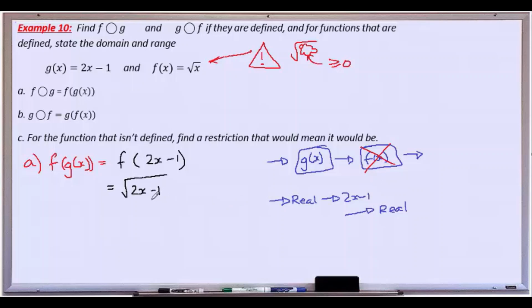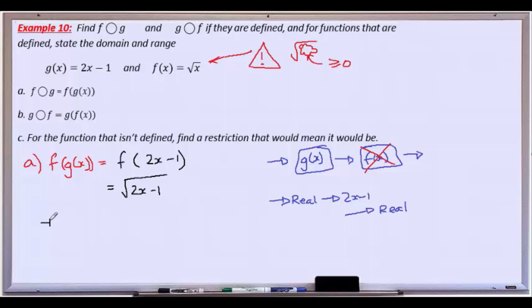We also know it won't work because I can't just throw any number in here to make sure I get an outcome. If I put in negative 100, this would be negative 201, we're going to have a problem. So therefore, this function can't do all values, and therefore f of g of x is not defined.